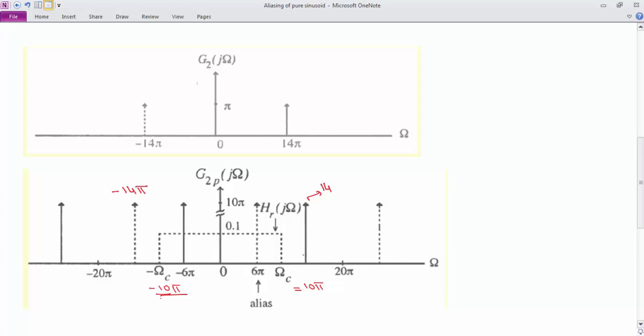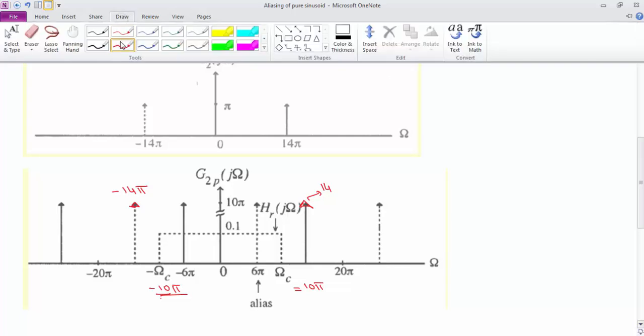So the first copy is outside the 10 pi and minus 10 pi region. This is your main copy, due to the spectrum around 0.